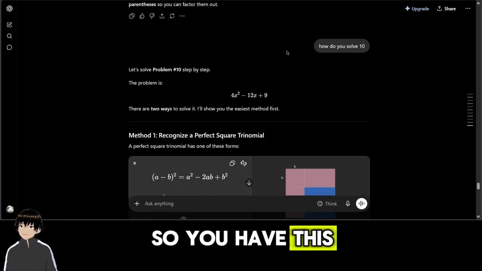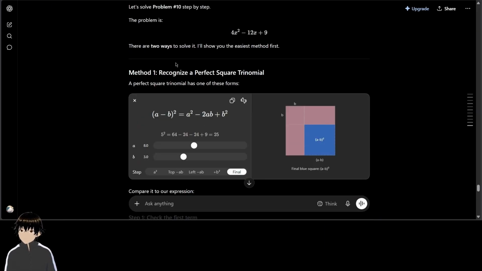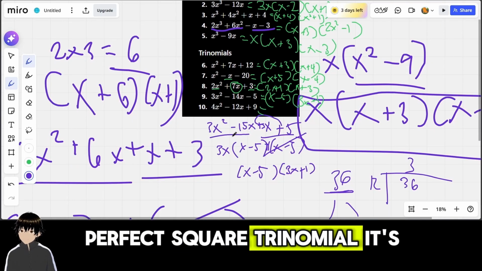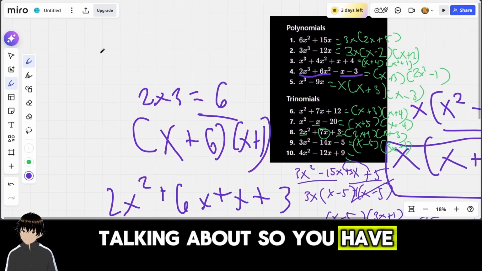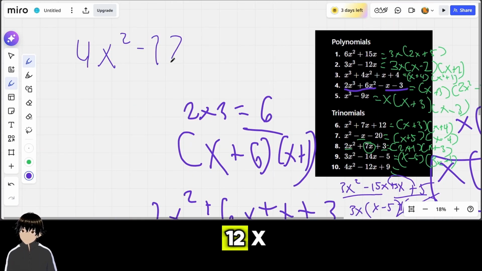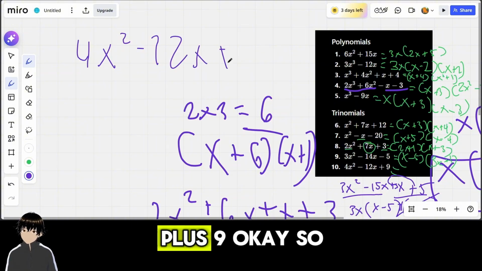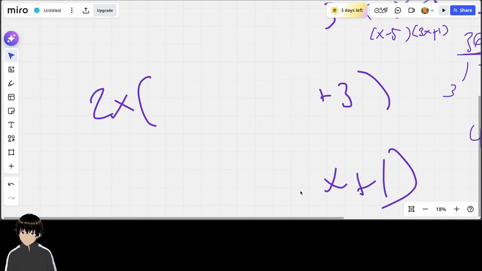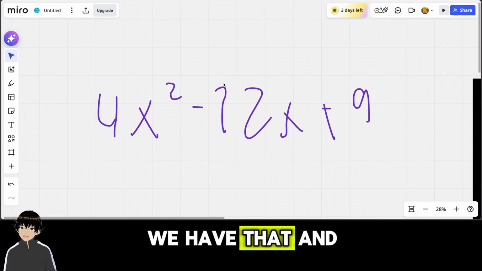So you have this perfect square trinomial that it's talking about. So you have 4x squared minus 12x plus 9. Okay, so I'm just doing these. You have that.